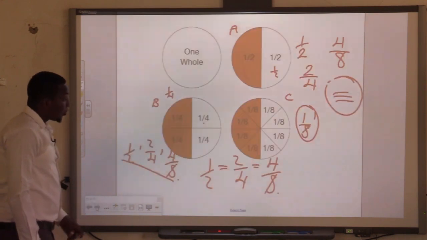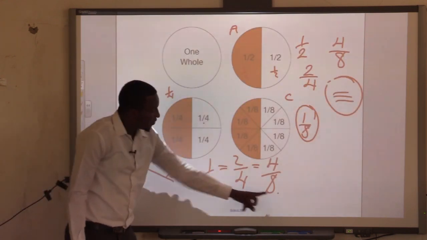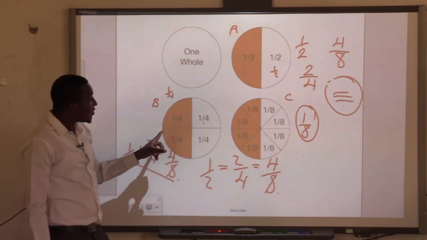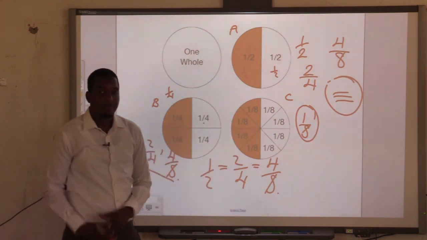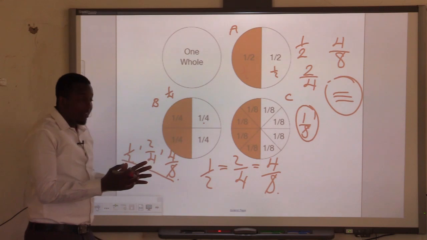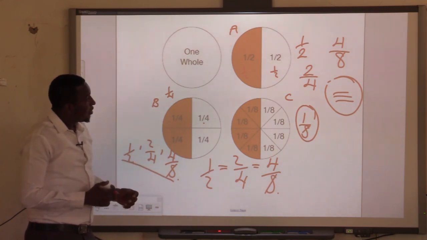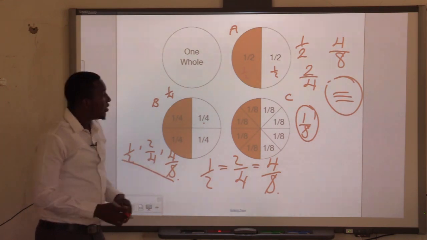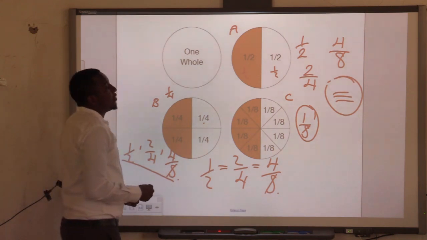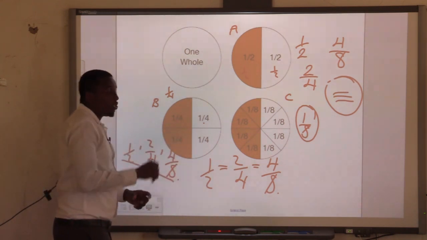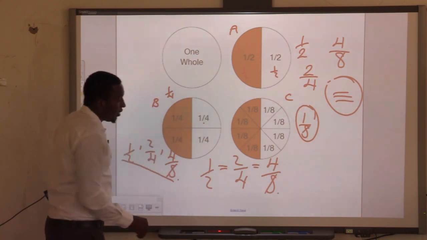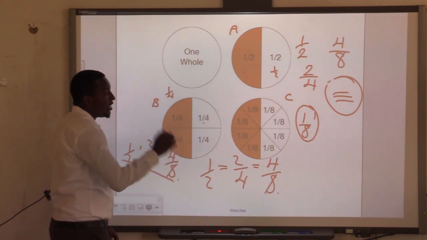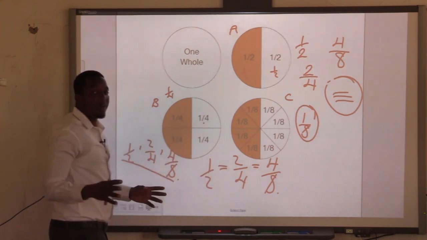So looking at each and every one of these fractions, each represents an equal proportion in circles A, B, and C. So generally, the concept of equivalent fractions is to make sure that the proportion represented in each diagram is equal, even if the fractions that represent the proportion in their individual diagrams differ.